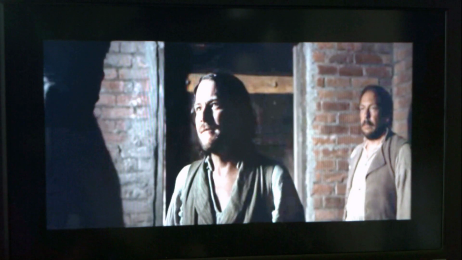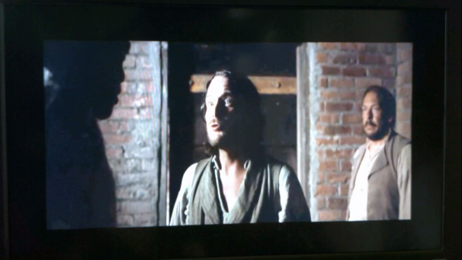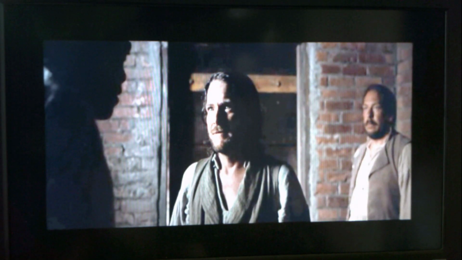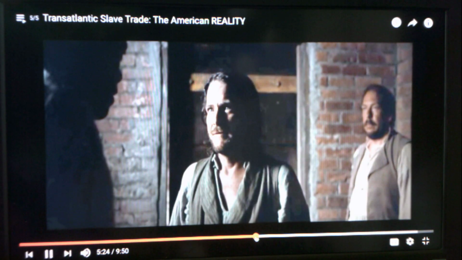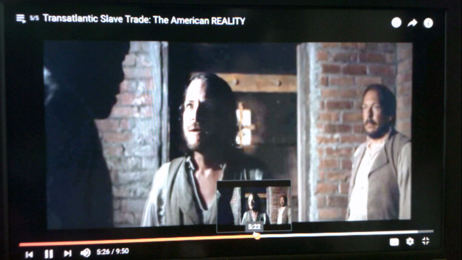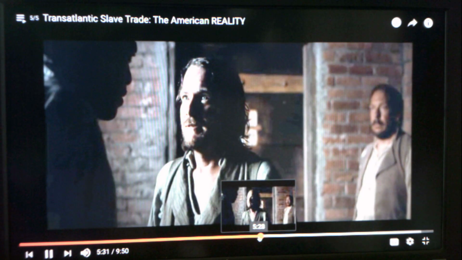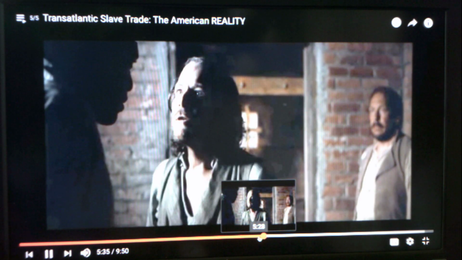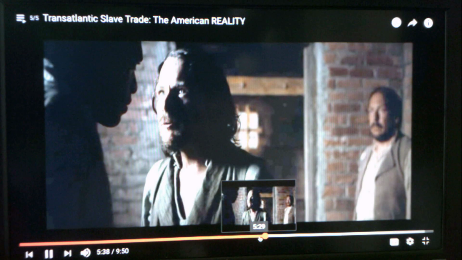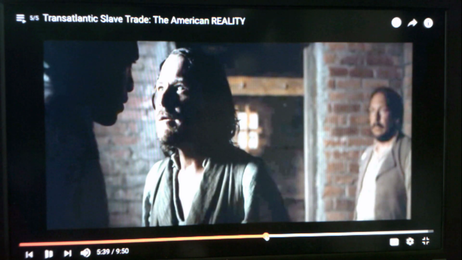You're no free man. And you ain't from Saratoga. You're from Georgia. You're nothing but a Georgia runaway.